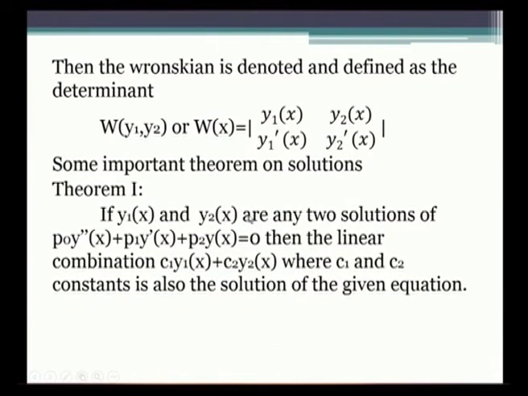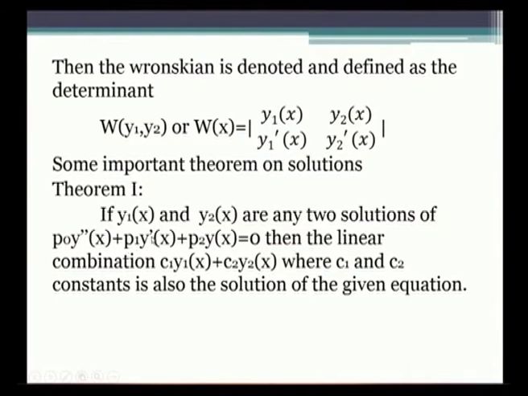If y1 of x and y2 of x are any two solutions of the second order differential equation P0 y double prime of x plus P1 y prime of x plus P2 y of x is equal to 0, then the linear combination C1 y1 of x plus C2 y2 of x, where C1 and C2 are constants, is also a solution of the given equation. This is the first theorem regarding the solutions of a second order homogeneous linear differential equation.